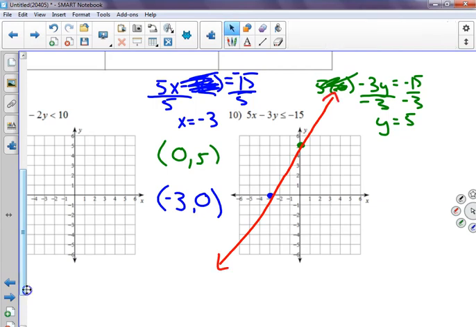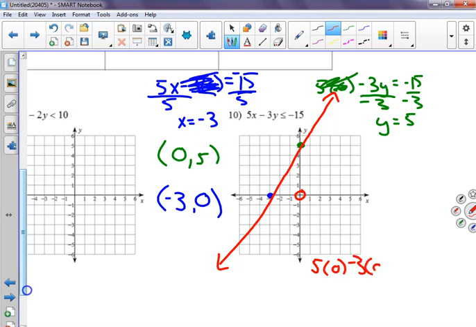Now I need to decide where to shade. So I'm going to use the point 0, 0. Plug that into the equation. So I get 5 times 0 minus 3 times 0 is less than or equal to negative 15.